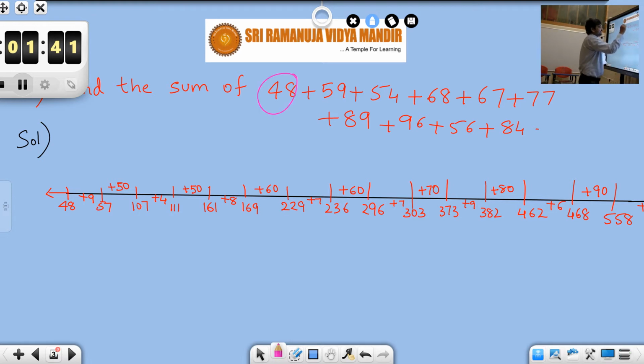Then we'll move by a distance equal to the units digit of the next number. So 48 plus 9, then we'll get 57.